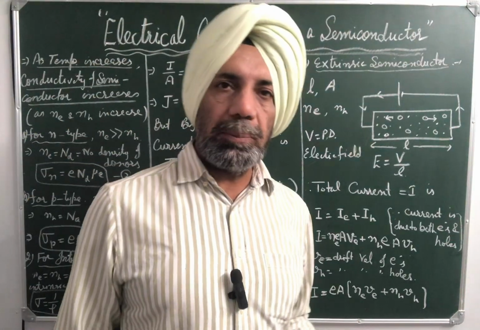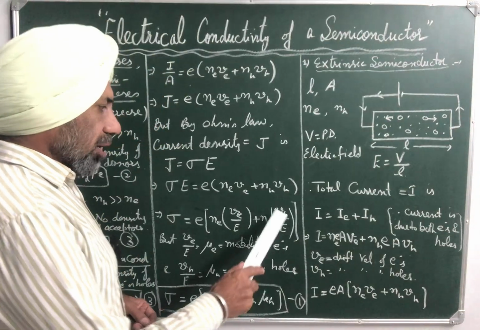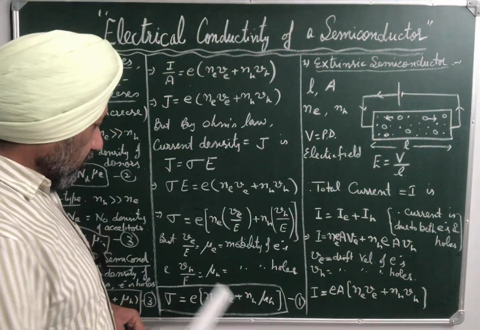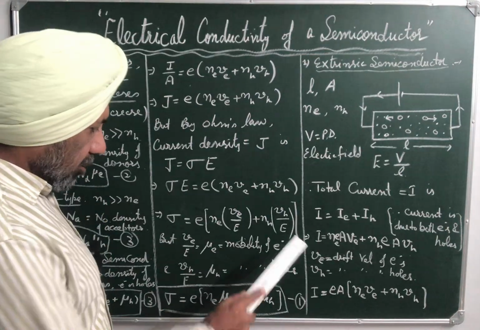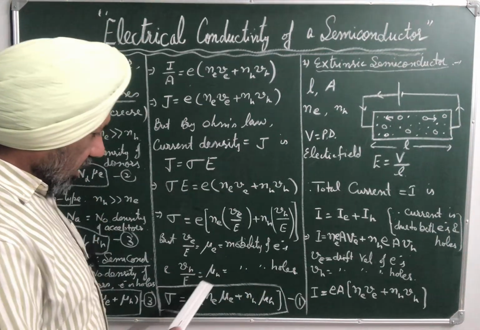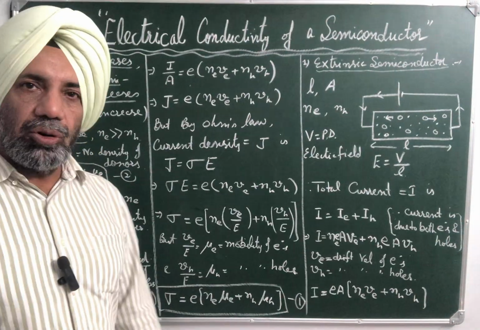because drift velocity per unit electric field is called mobility. Therefore Ve/E = mu e, the mobility of electrons, and Vh/E = mu h, the mobility of holes.